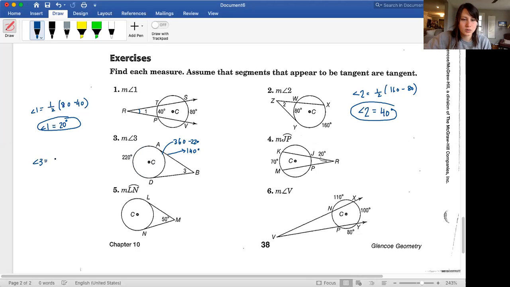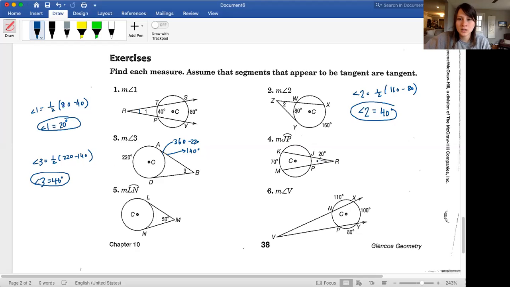Angle 3 equals 1/2 of 220 minus 140. When you subtract them and then divide by 2, that is 80 divided by 2, or 1/2 of 80, is 40 degrees.